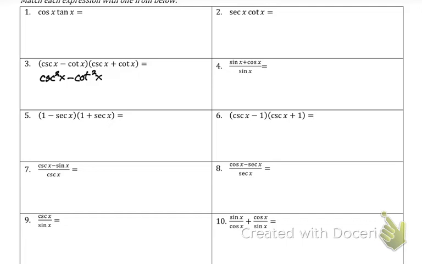Now, I should remind myself that this must relate to the fact that 1 plus cotangent squared x equals cosecant squared x. Well, if I move this cotangent squared to the other side, we would have a negative cotangent squared x, and this whole thing would just equal 1.